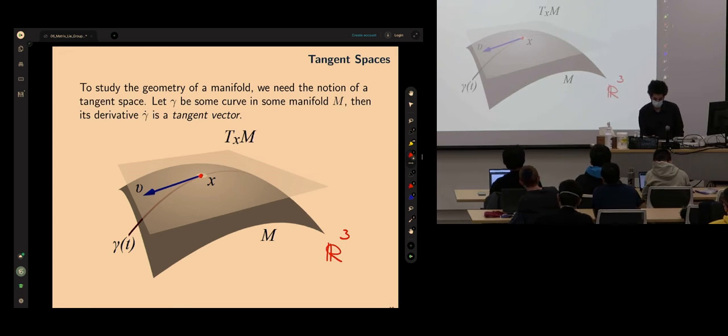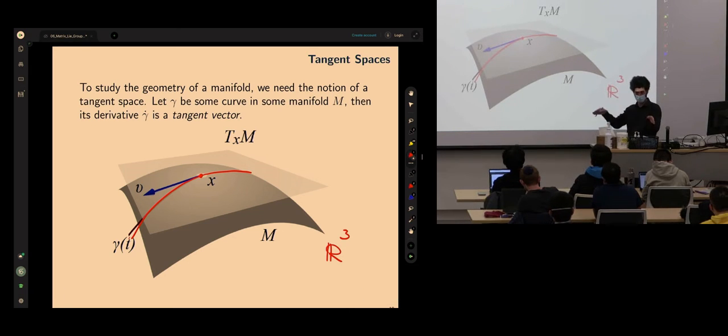Because it is curved, consider any smooth trajectory that is living on this surface, right? It's like a pattern tattooed on your arm. It doesn't live in the ambient space. It is living on that surface, this trajectory, okay?